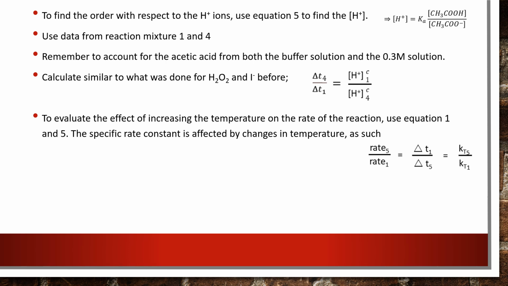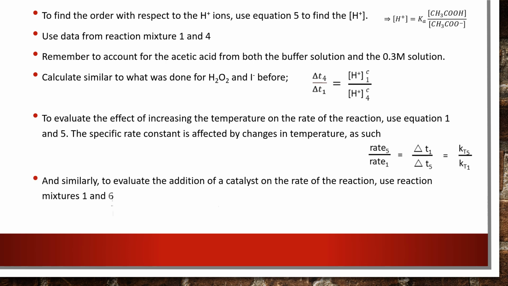The specific rate constant is affected by changes in temperature, and as such, the rate expression becomes as shown here. And similarly, to evaluate the effect of the addition of a catalyst on the rate of the reaction, use mixtures 1 and 6.